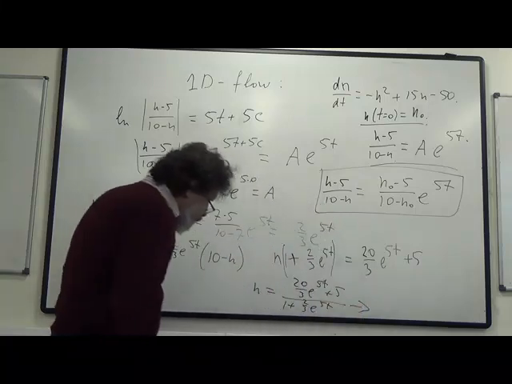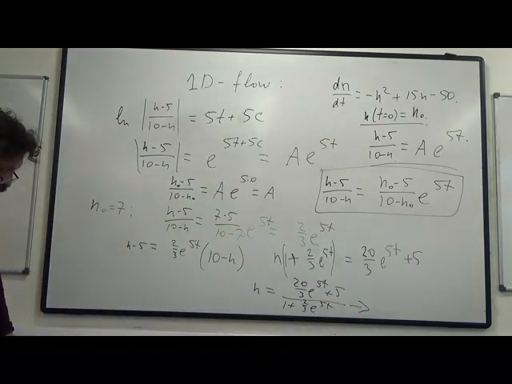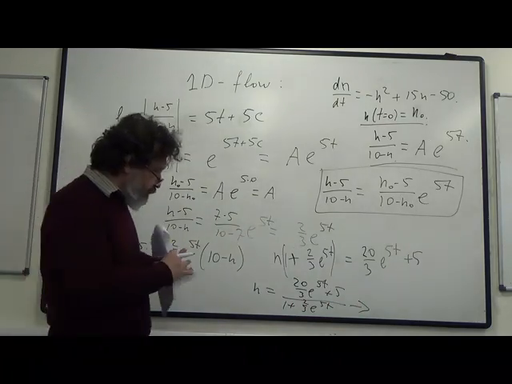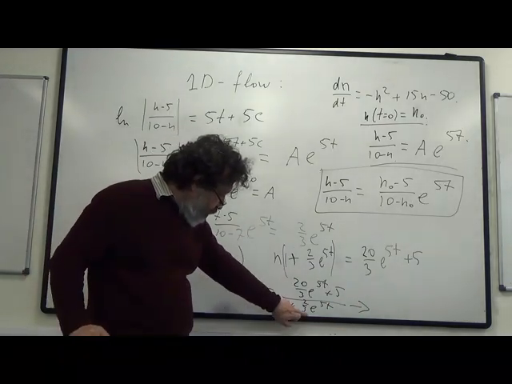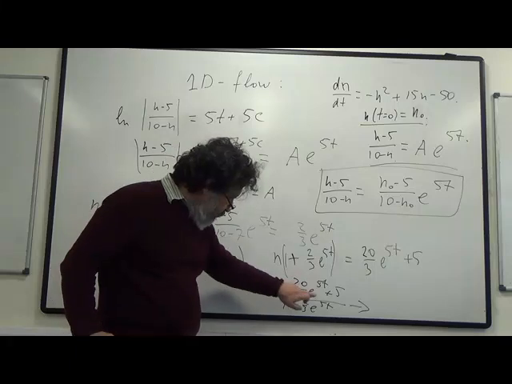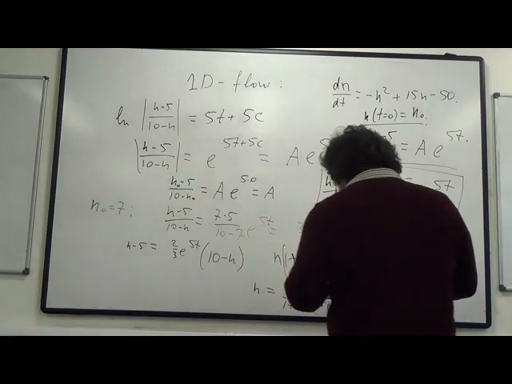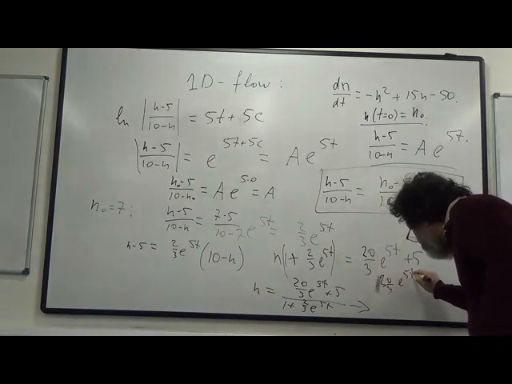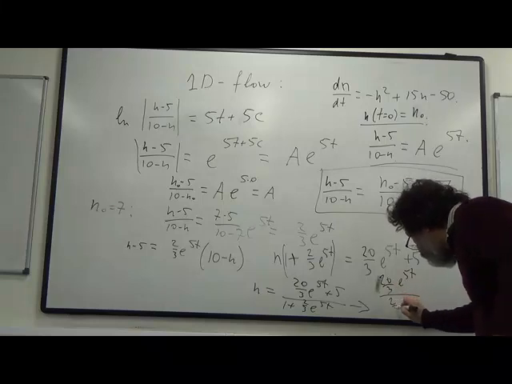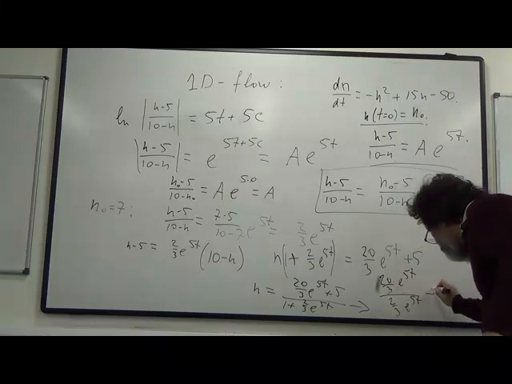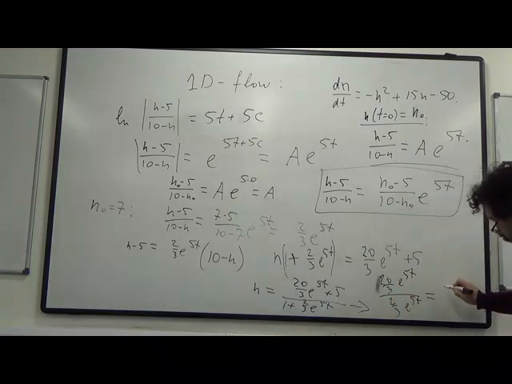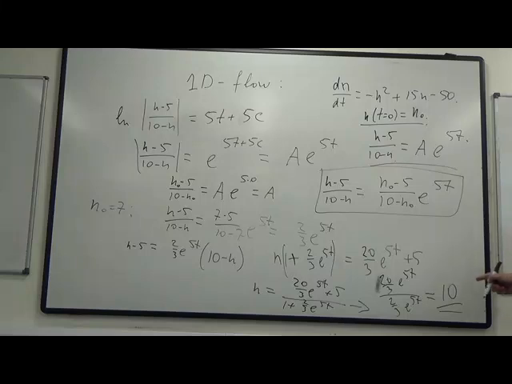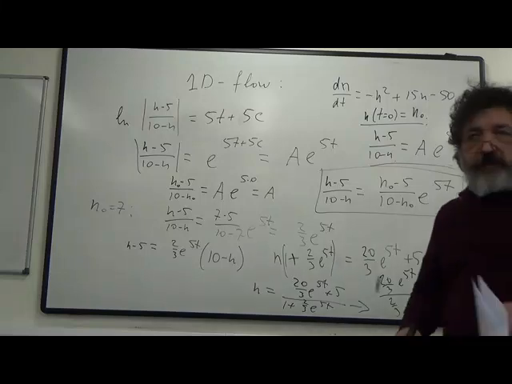When time tends to infinity, this tends to infinity, this tends to infinity, we can neglect this and this, it will tend to 20 over 3 e to the power of 5t divided by 2 over 3 e to the power of 5t, which equals 10. Yeah? And we remember that 10 was the stable fixed point.